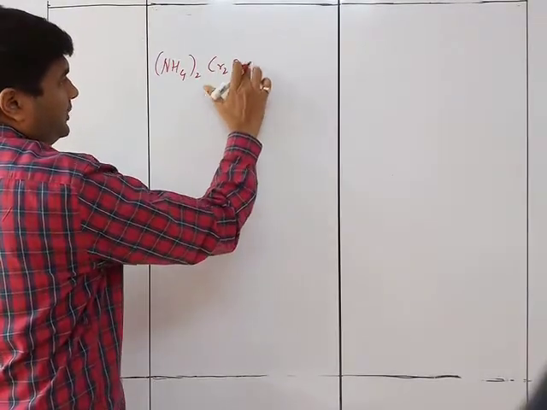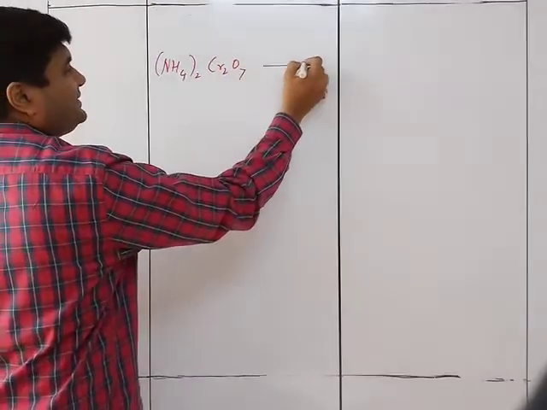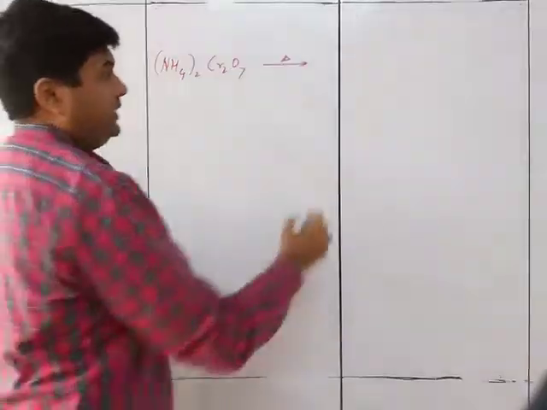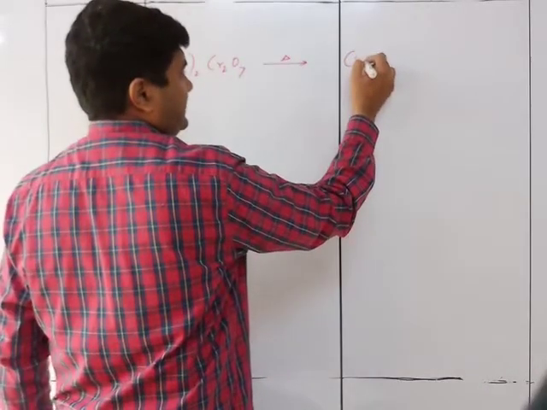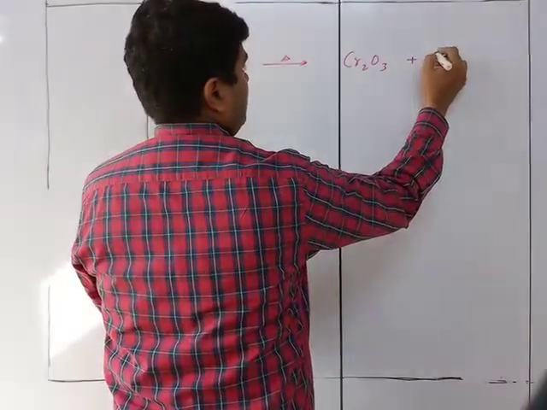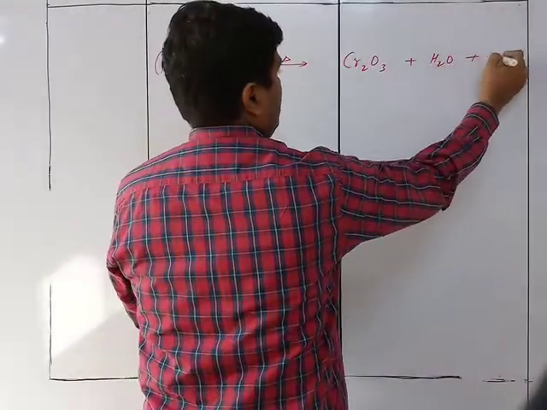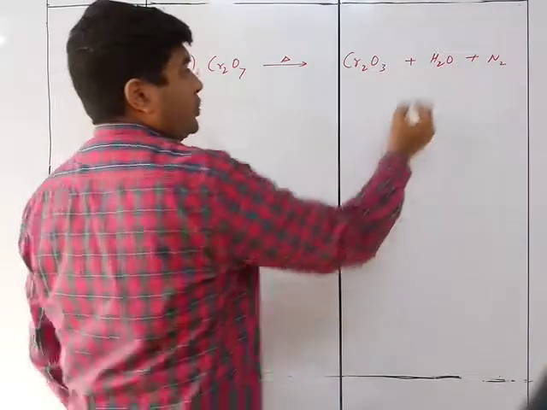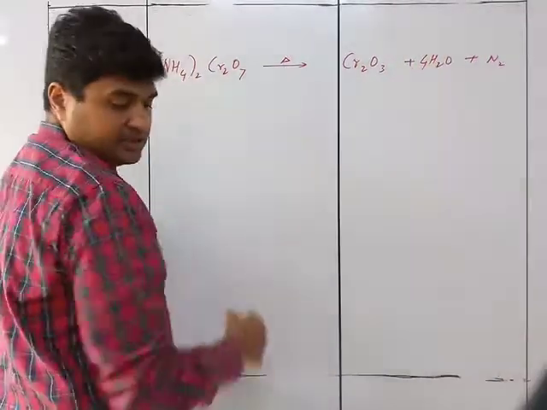So when this is heated, it is going to give me chromic oxide Cr2O3, plus H2O plus N2.